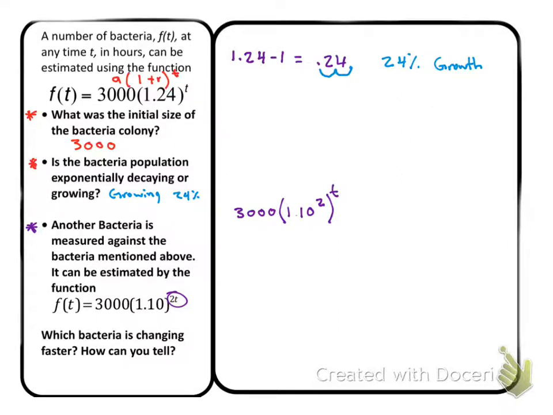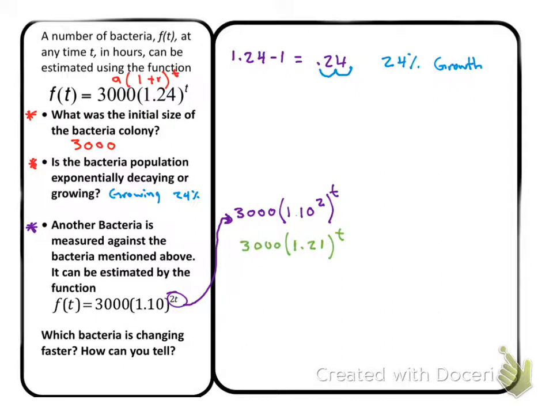Okay, so I took this and I split it this way so I can get t by itself. So now I can simplify this. 1.1 to the second power gives me 1.21. So this is 3,000 times 1.21 to the t power.